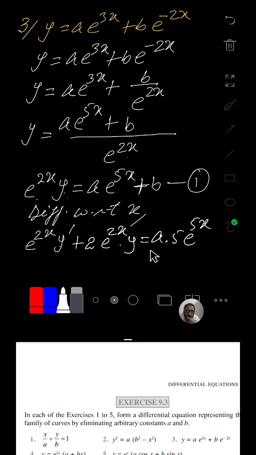Now in order to eliminate this a, the second arbitrary constant, we need to make it alone, so that by differentiating we can eliminate this term. In order to do so, we should divide both sides by e raised to the power 5x.